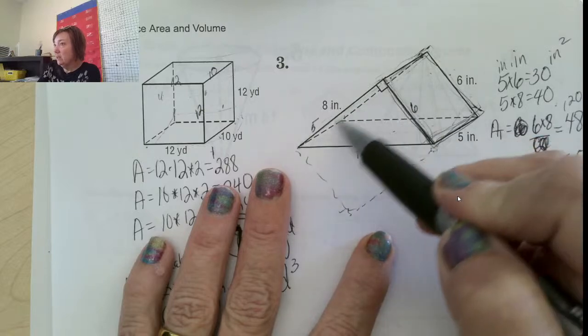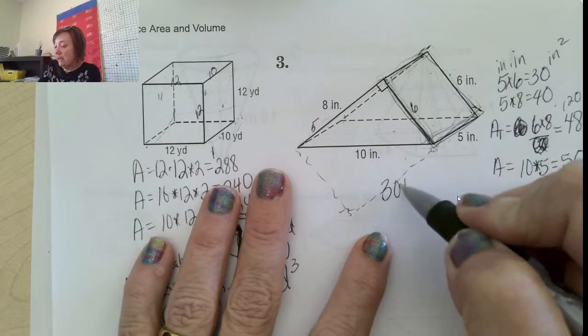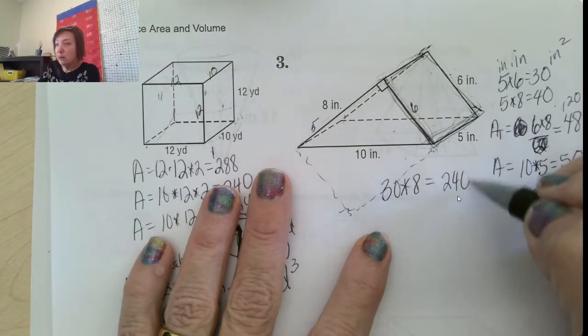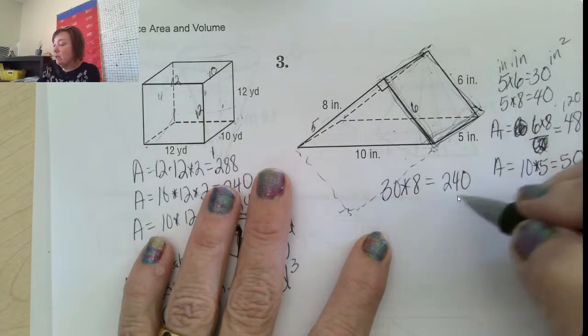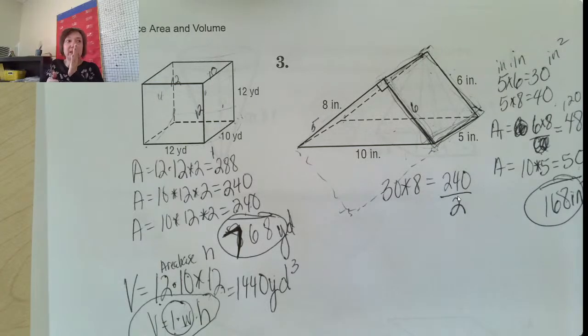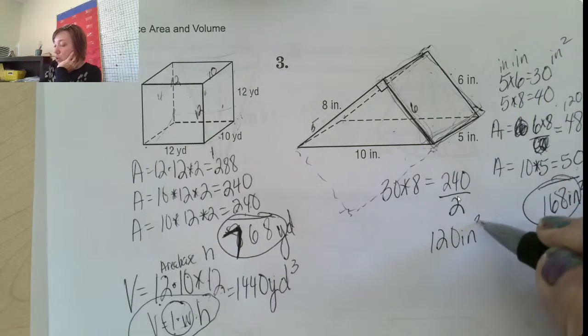Do y'all see? So I would do 30 times 8, and that's going to get me 240, right? But then I'm going to divide that by 2 because I don't have the whole rectangle, I just have half of it. Does that make sense? So 240 divided by 2 gets me 120 inches cubed.